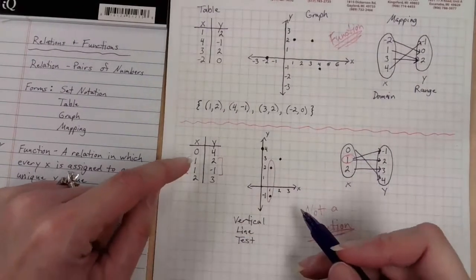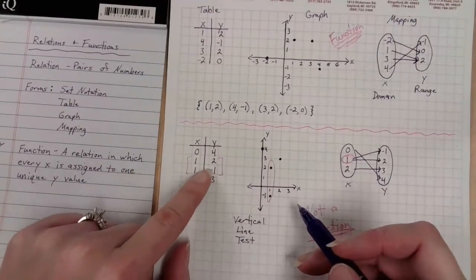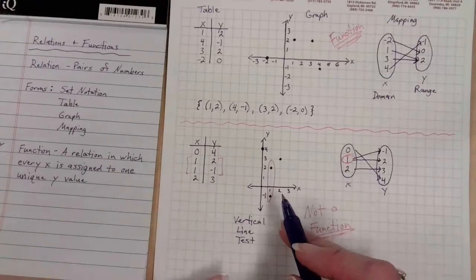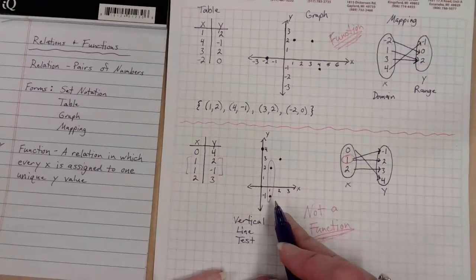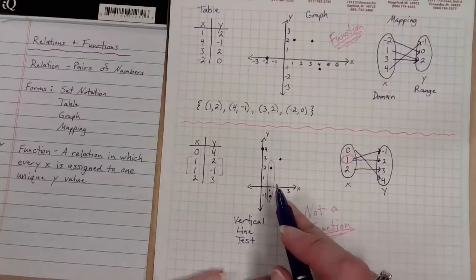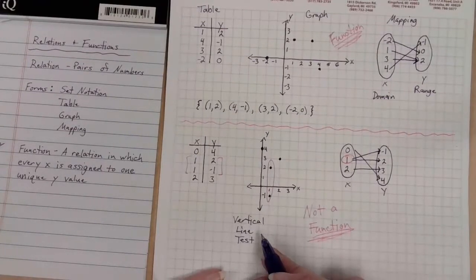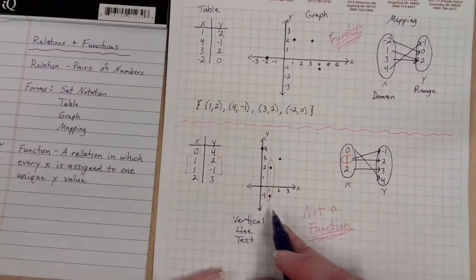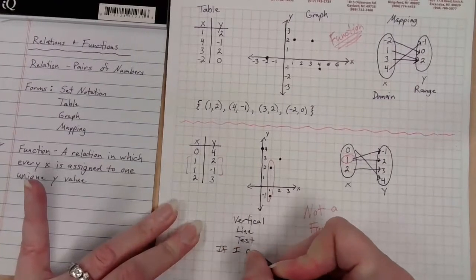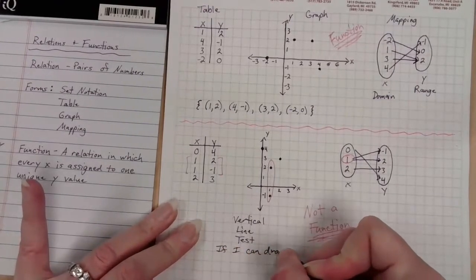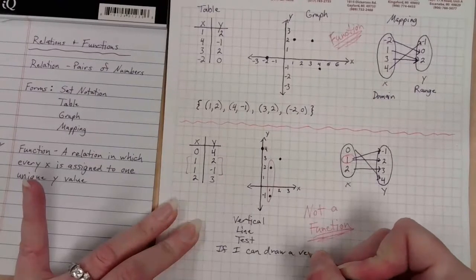If I've got an x value with more than one y value assigned to it, and I graph, those 2 points end up being directly over top of each other. And that is an indication that it's not a function. So if I can draw a vertical line and hit more than one point, it's not a function.